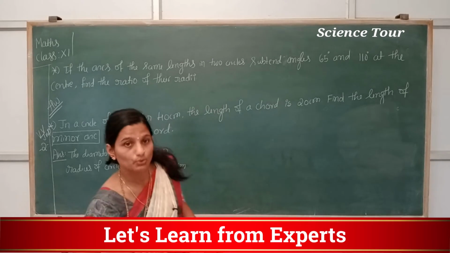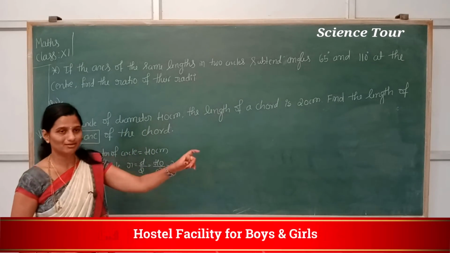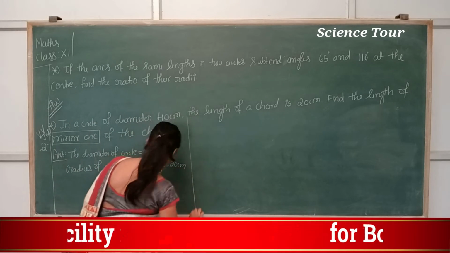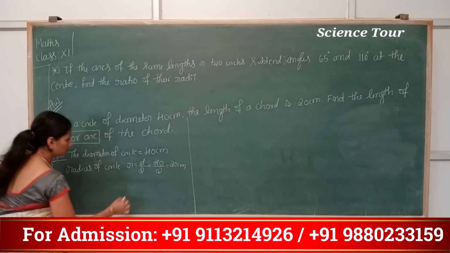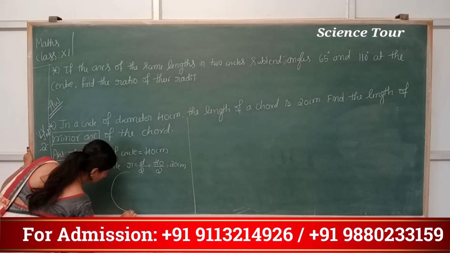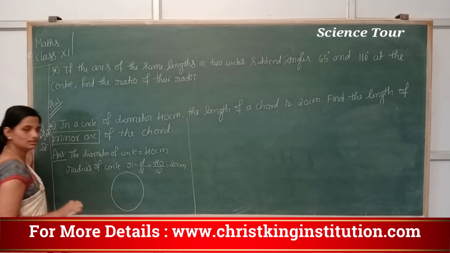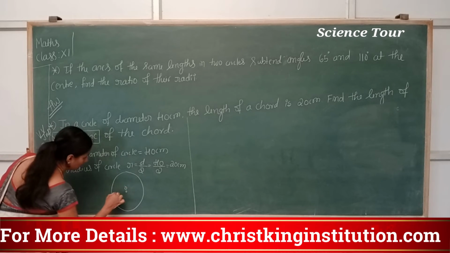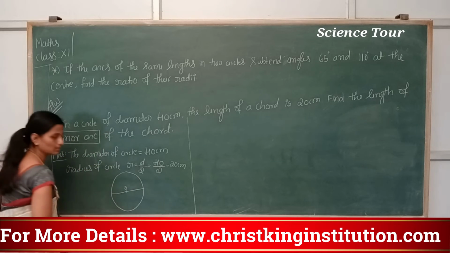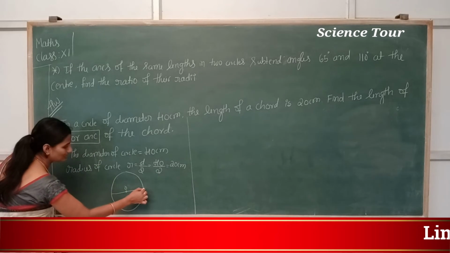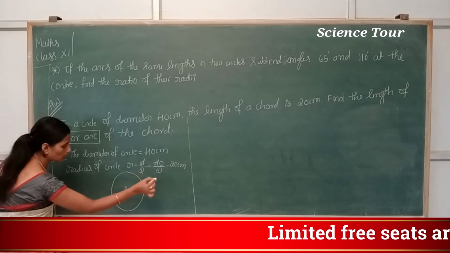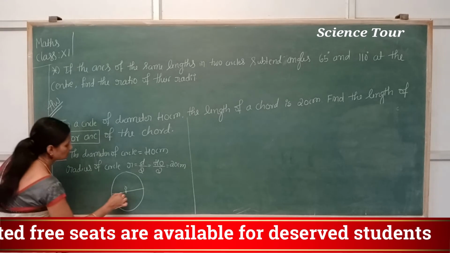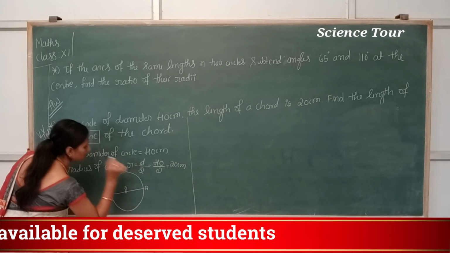Yes. So now I'll draw the figure here. You know what is a minor arc and what is a chord, right? This is a circle, and this is the center of the circle. This is the diameter of the circle. The diameter of the circle is how much here? 40. I don't want that. I need the radius of the circle, correct? So the radius of the circle is OA.